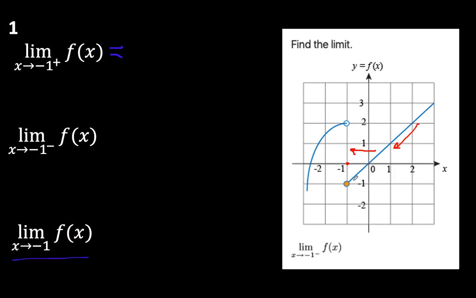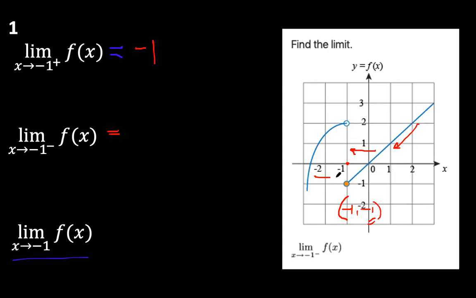Okay, and we're going to consider this graph. As we can see, the graph approaches the point negative 1, negative 1. Since we're talking about the function value, the limit here is equal to negative 1. And how about the limit of f of x as x approaches negative 1 from the left?